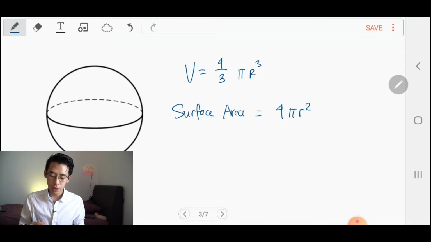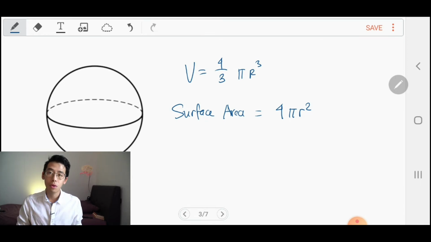If you want to take a deeper look at this, there's not much to explain, but if you look more about calculus, about integral, and about differential, then you start to understand quite a bit.